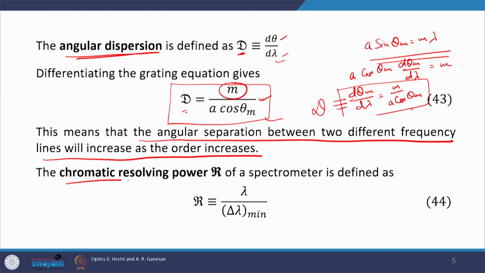Now, apart from this angular dispersion, there is one more important parameter which we should know, and this is known as chromatic resolving power R. The chromatic resolving power of a spectrometer is defined as lambda by delta lambda min. Lambda is the average wavelength of the source.